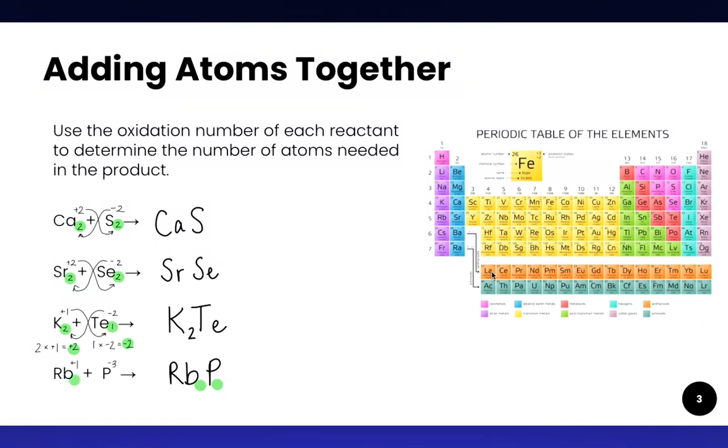So we will drop and cross those charges in order to figure out the ratio for the neutral molecule. So it's a 3-to-1 ratio. That cannot be reduced and still have a whole number. So the final answer is Rb3P.